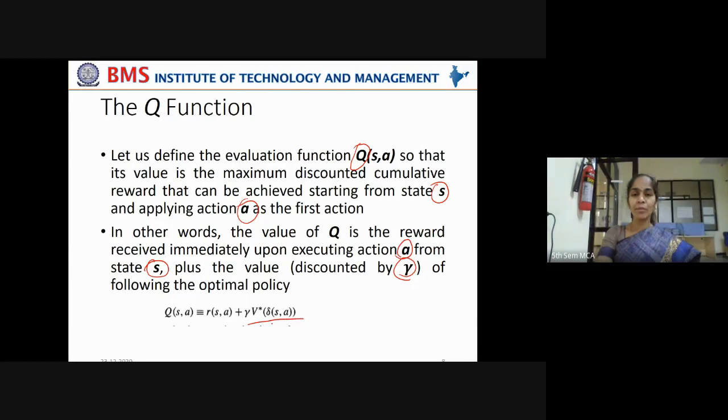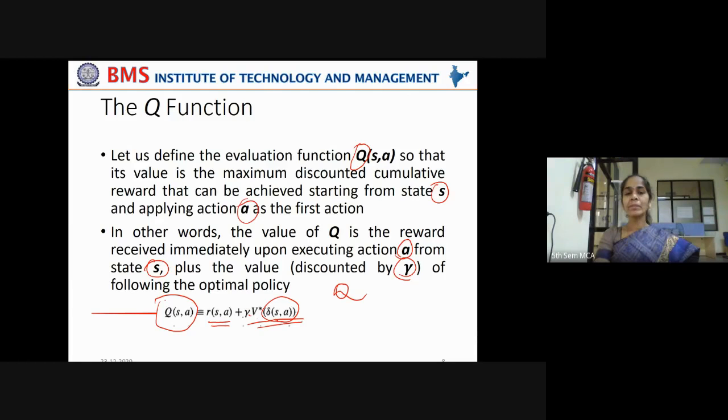So what is the optimal policy here? How can you define the optimal policy? You can define it as a function of Q. Q of S, A, that is the optimal evaluation function of moving from a state by taking an action A, is equivalent to the immediate reward plus the discounting factor multiplied by the cumulative reward value at the next state.